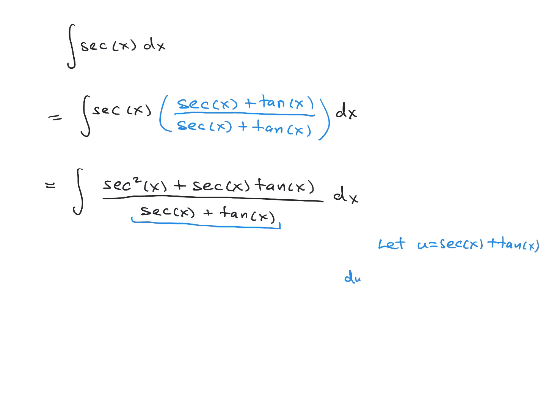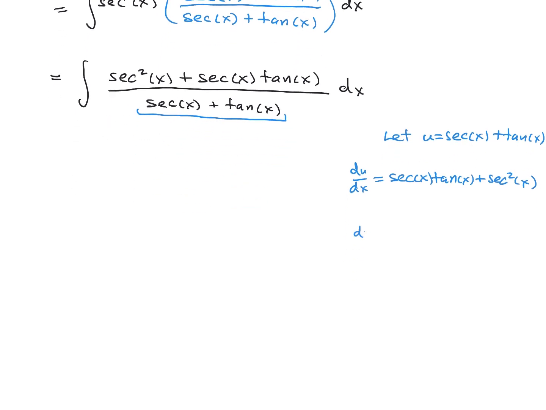And when we find the derivative du dx, we're going to have the secant of x tangent of x plus the secant squared of x. So dx is just du divided by secant of x tangent of x plus secant squared of x, which we recognize as our numerator.